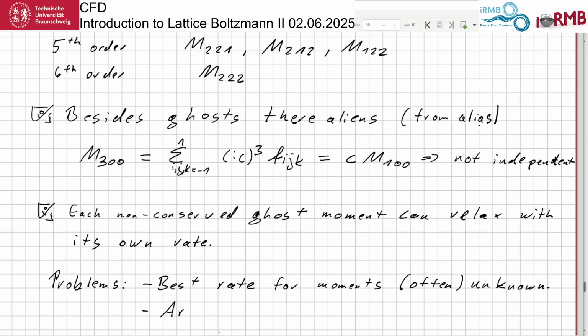And the more important part, and this is what we'll discuss in the next lecture, is we have an arbitrary partitioning. So the way we choose our moments is kind of arbitrary, and there's actually not the optimal way, as you can find out.